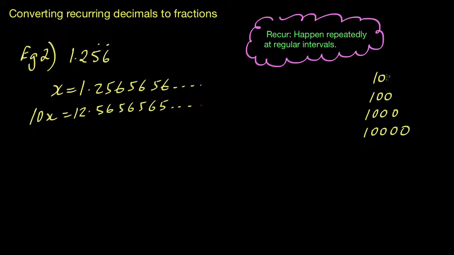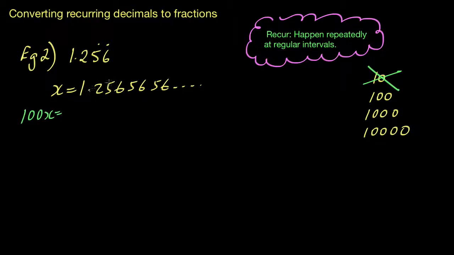So we're going to try now, not 10, I'm going to try 100 instead. So I'm just going to erase this number here. What we're going to do is multiply by 100 instead. So x is going to become 100x. So here is 100x equals.